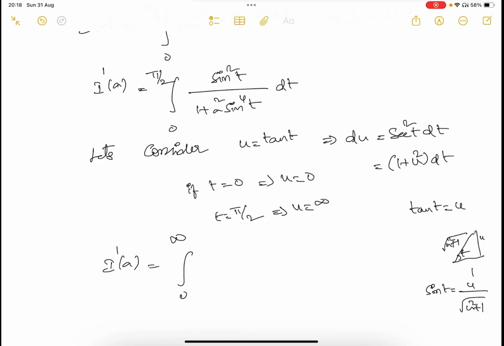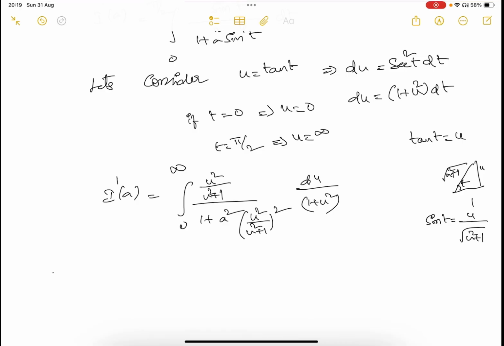Here we have sin square t in the numerator, so it will be u square by u square plus 1, by 1 plus a square into sin power 4 t, right? Sin power 4 t is u square by u square plus 1 whole square into dt. Dt is du by 1 plus u square.